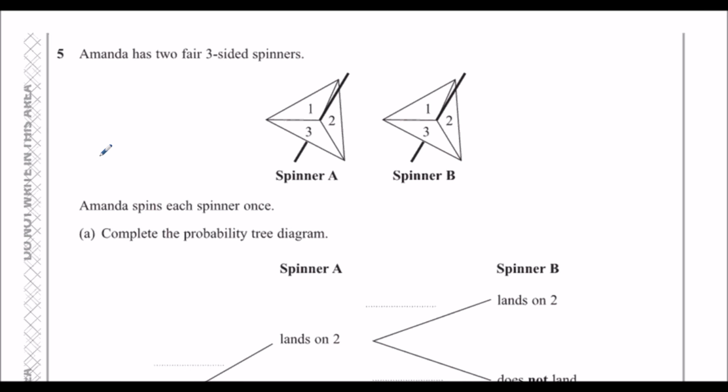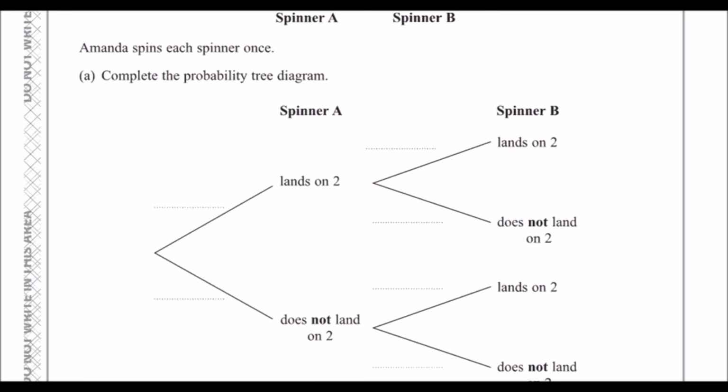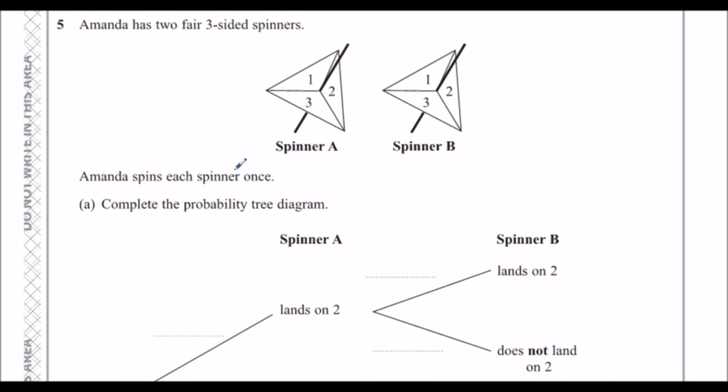Question 5. Amanda has 2 fair 3-sided spinners. She spins each spinner once, complete the probability tree diagram, and we've got lands on 2 or does not land on 2. So because these spinners are fair, they must have an equal chance of landing on the 1, the 2 and the 3.